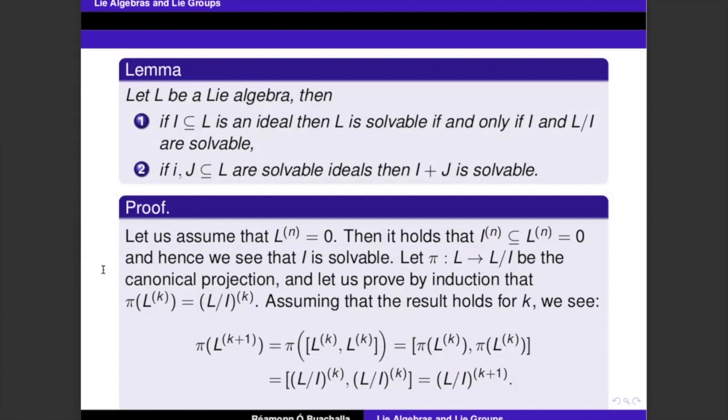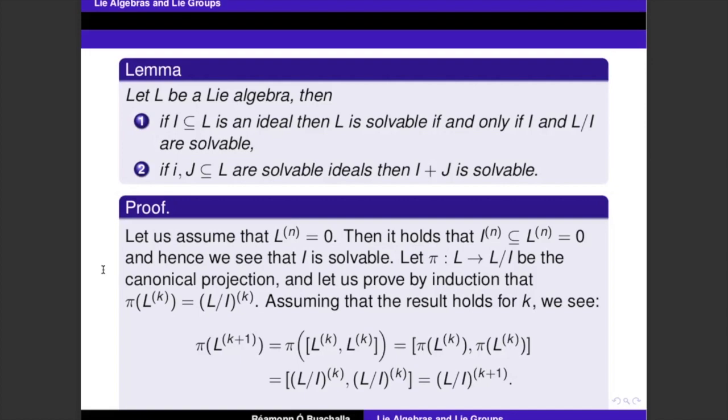All you need to do is pick one ideal, look and see if that ideal is solvable, and if the quotient by that ideal is also solvable. If they are, then you know that your Lie algebra is solvable. If they're not, then you know it's not solvable.